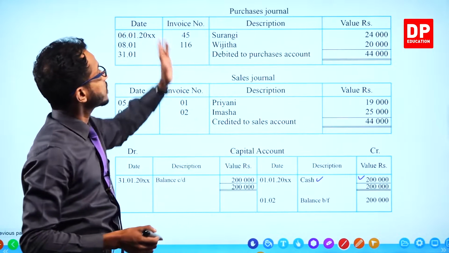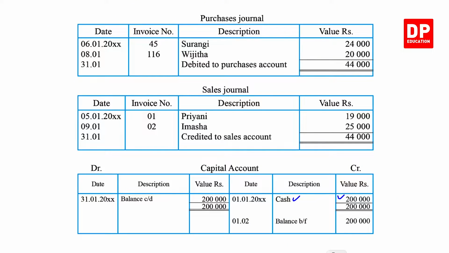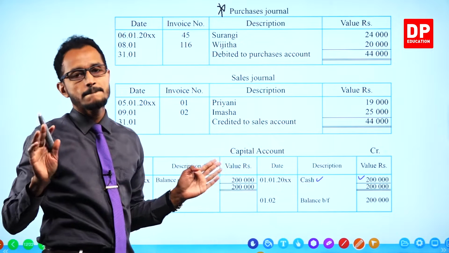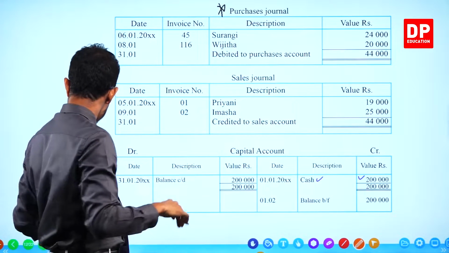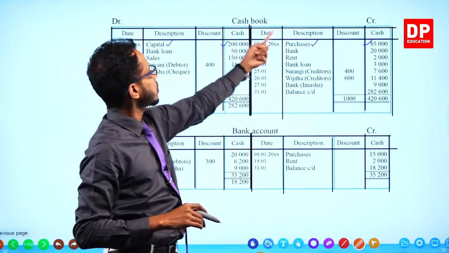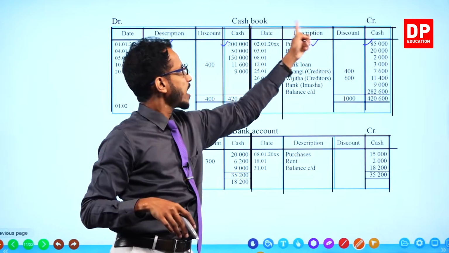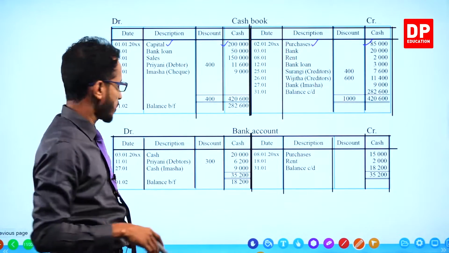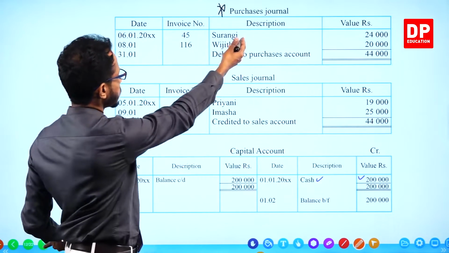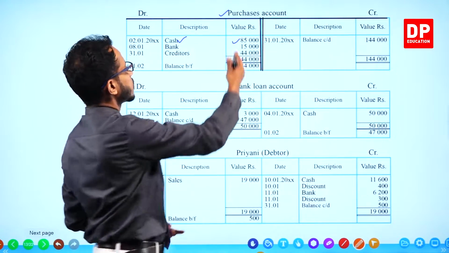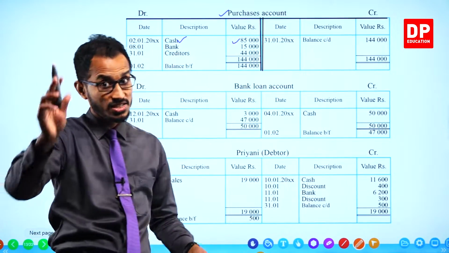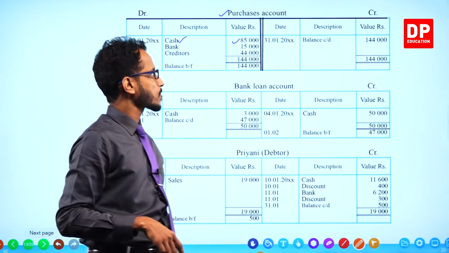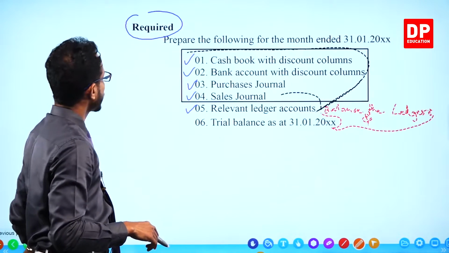The purchases journal is used to record credit purchases only, but this is a cash purchase. So cash book credit, purchases account debit, in the ledger account. Right, let's go to the next one.